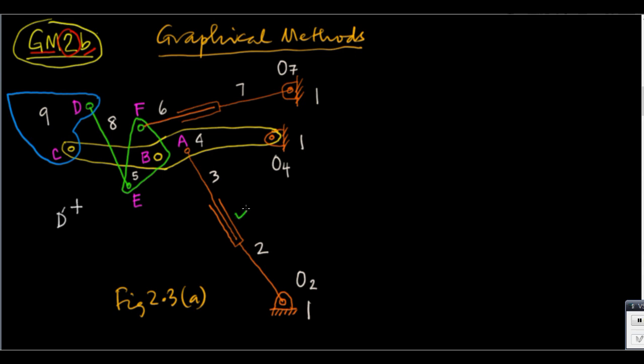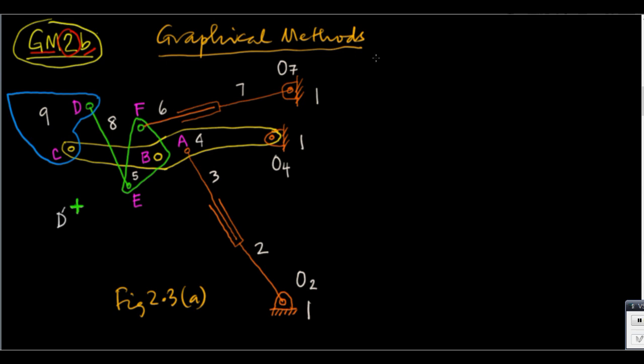If you count these as prismatic and you count the hinges and you count the number of links, where you count 2 and 3 as distinct, you will find that it has 2 degrees of freedom. This means that this point D can go to any point in some region of the plane. The problem statement is D is to come to this point D prime.